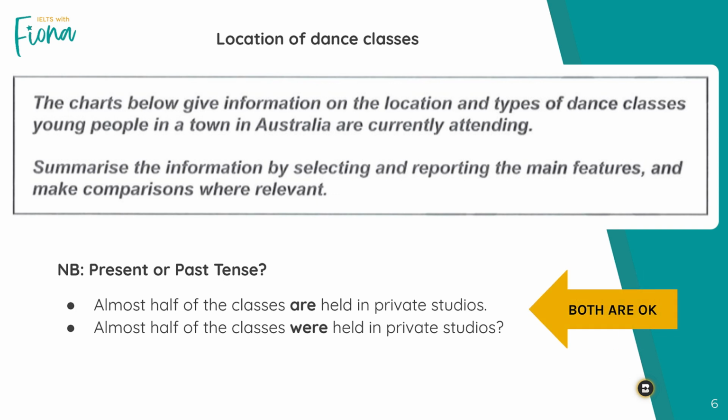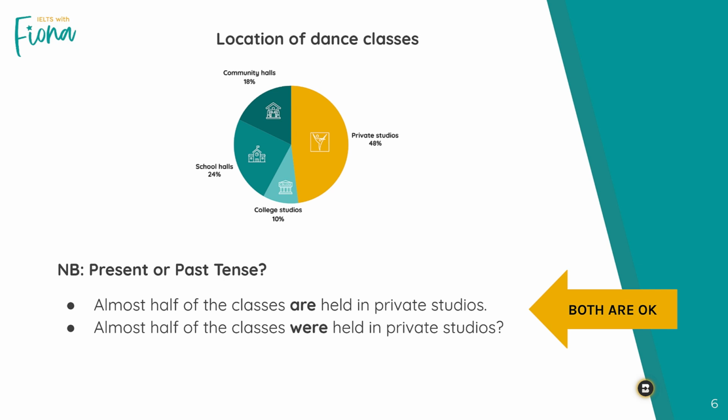I think if you choose one and stick to it, you'll be fine. So you could say almost half of the classes are held in private studios, or almost half of the classes were held in private studios. Now, arguably, if you're using past tense throughout, that might show your confidence and flexibility with using a more difficult tense, but both are okay.